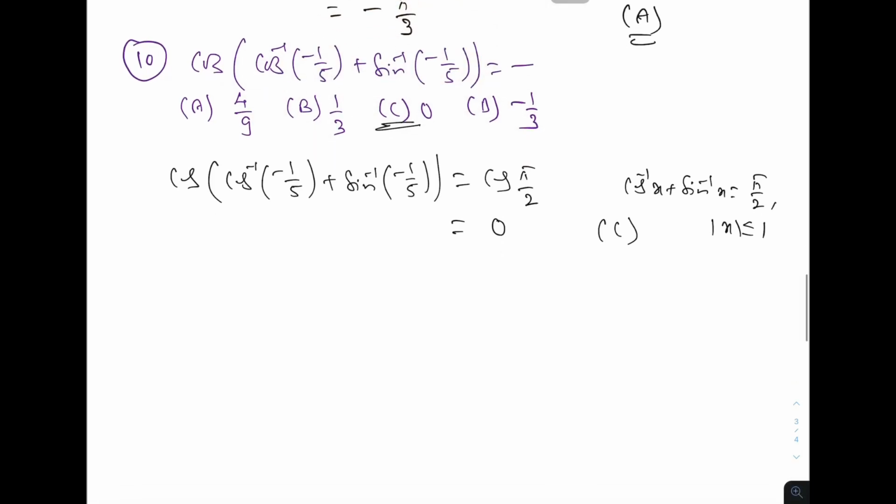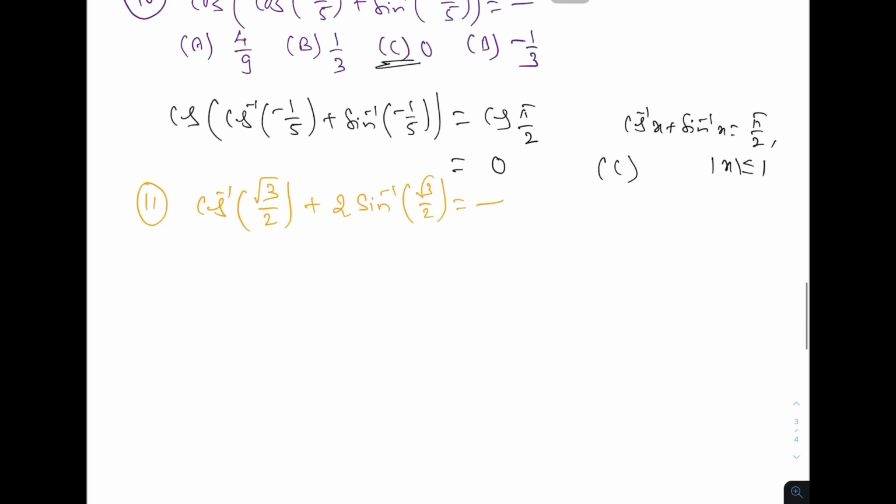Let us take one more. Cosine inverse root 3 by 2 plus 2 sine inverse root 3 by 2 is blank.